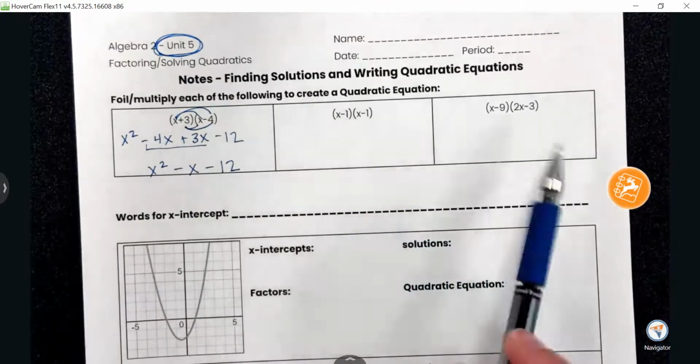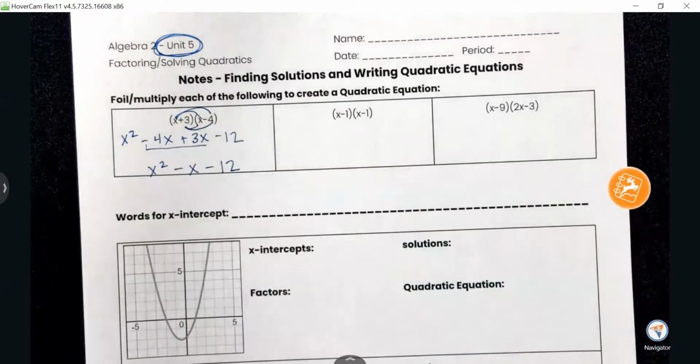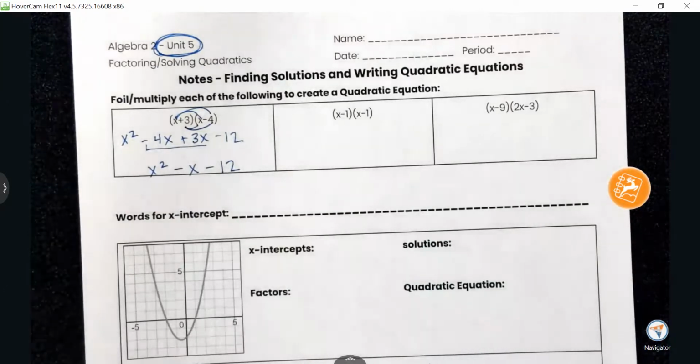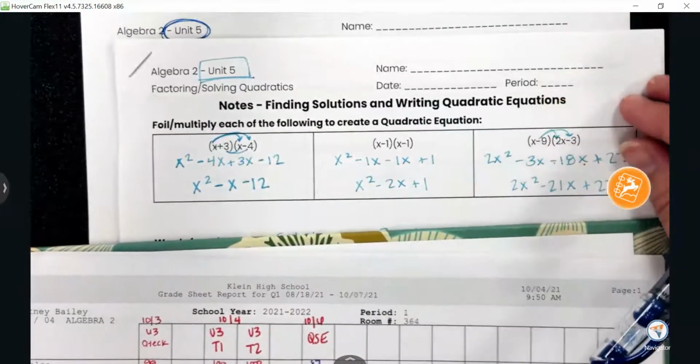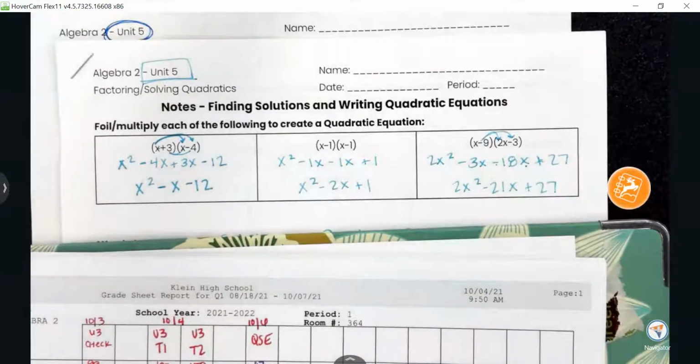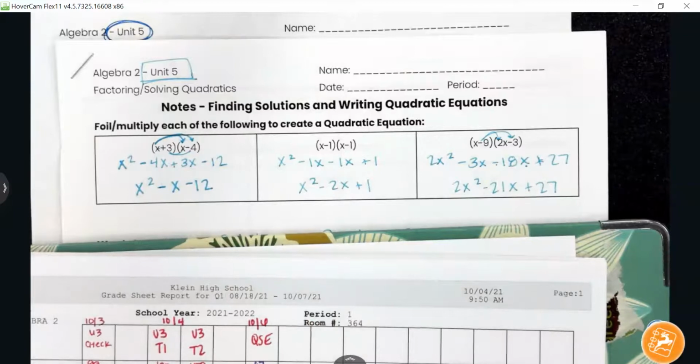So if you have not done these 2, go get those 2 done for me really quick. I'll put the answers up so you can check, but don't copy them. It's not going to do you any good to copy anything. Check your answers.